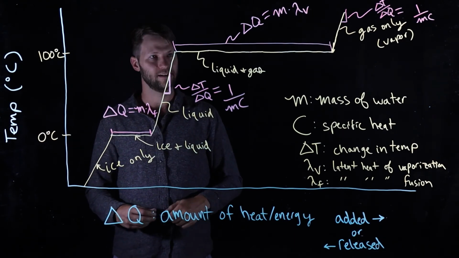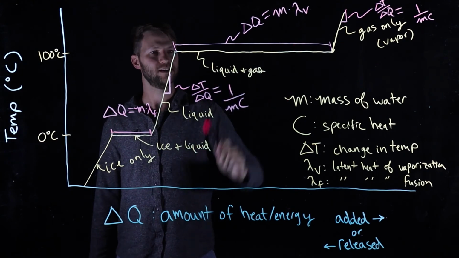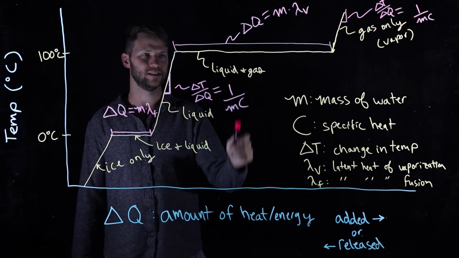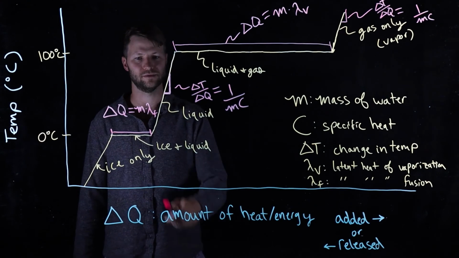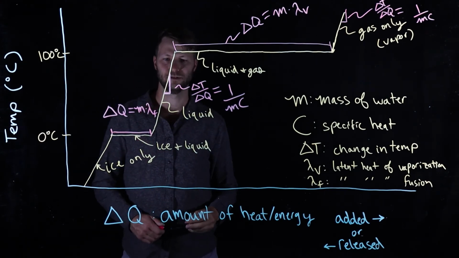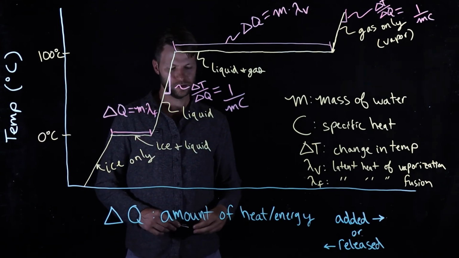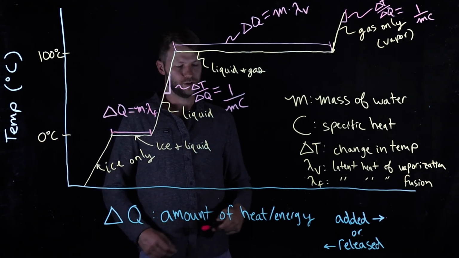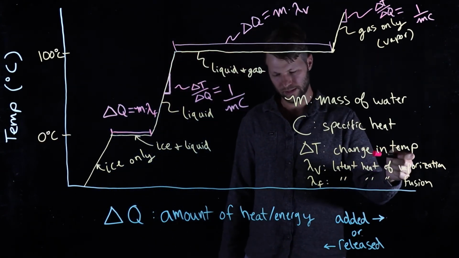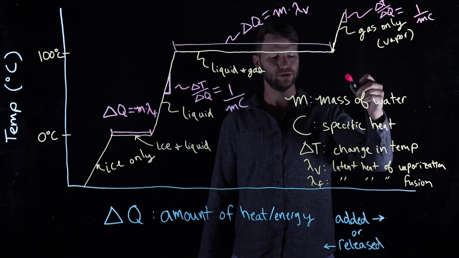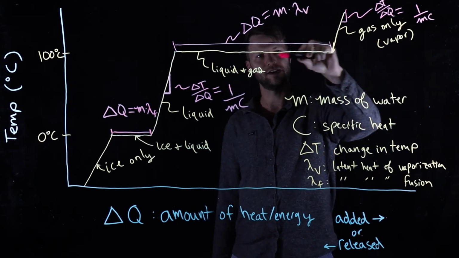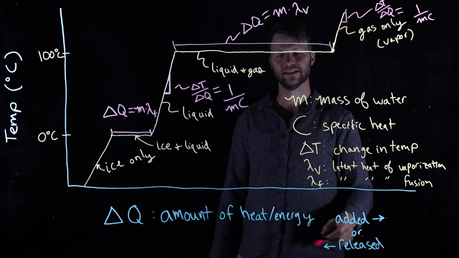Now, there's a bunch of take-home points that I can summarize with this plot. One is that when you evaporate or boil water, it takes a ton of energy. It's a really energy-intensive process relative to how much energy it takes to melt water. Two, when you go in this direction, when you are condensing water, that's actually releasing heat.